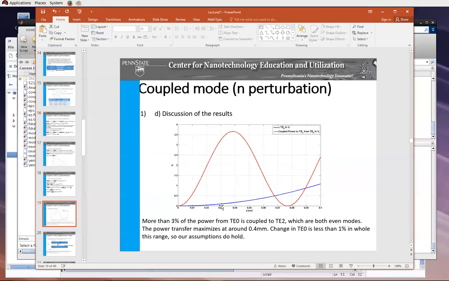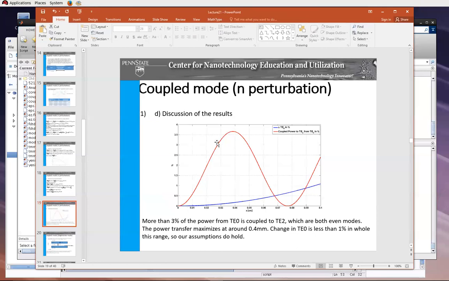And if we look at our other assumption, as we said, the change in TE0, the zeroth mode itself, is very tiny. At the peak point, it's really smaller than a change lower than 0.5%. So that's really much lower than that, actually. So that's really a good assumption then. Okay, so we now know the results of our discussion.